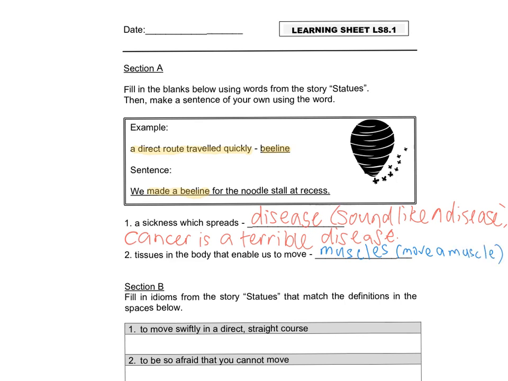So the character did not want to even move a muscle, because he wanted to win the game. Actually, not really. He didn't want the bee to actually sting him. So the sentence that we can make is, I will not move a muscle.